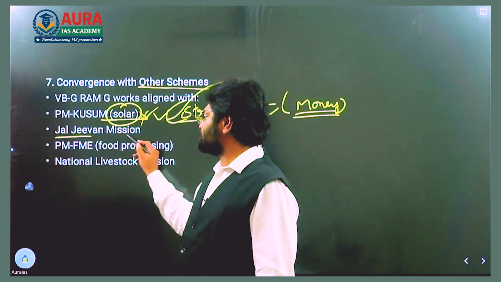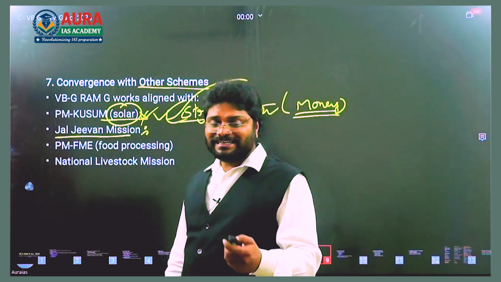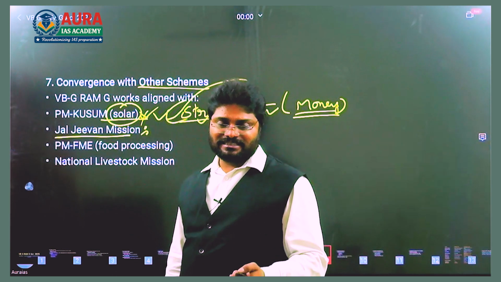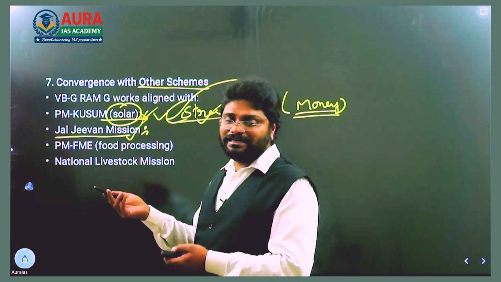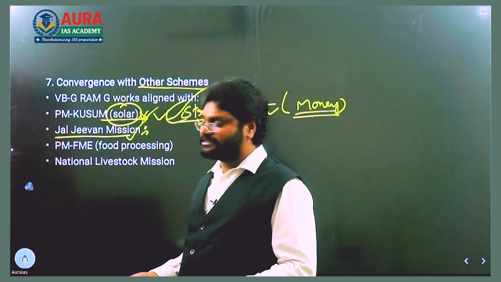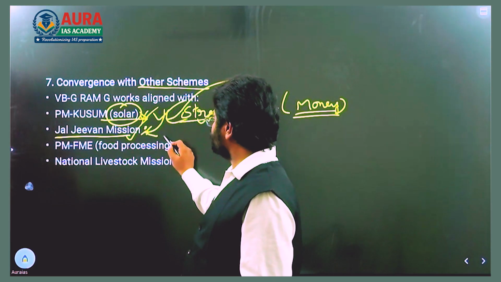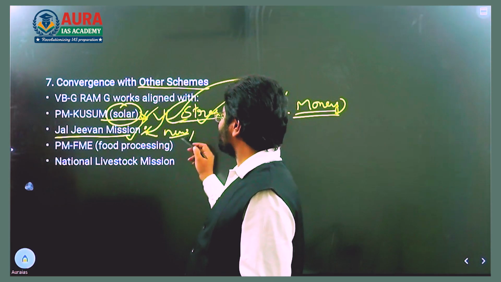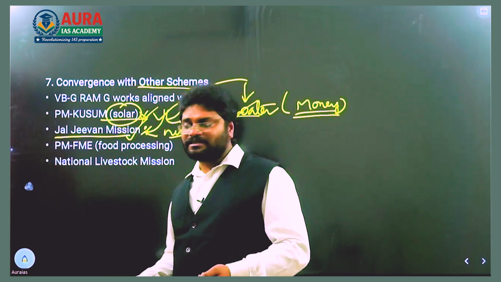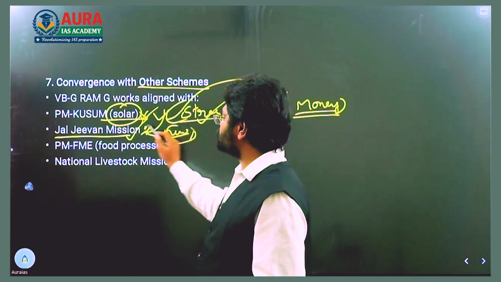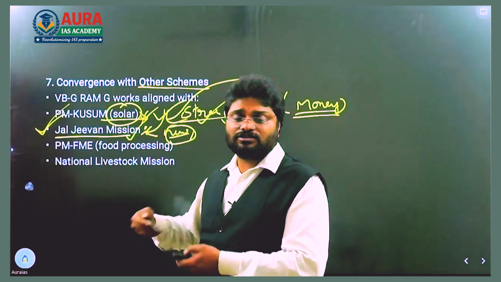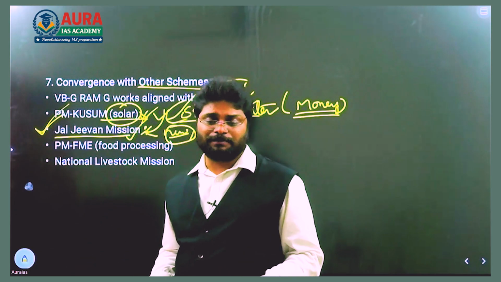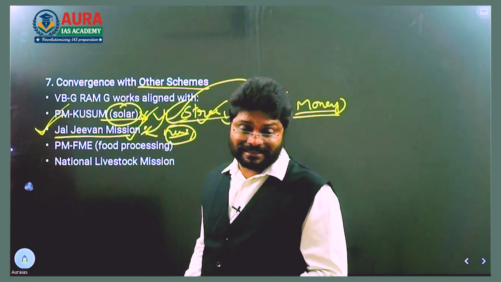Then Jal Jeevan Mission: increasing irrigation facilities, groundwater research. These are all the aims of Jal Jeevan Mission. By building critical infrastructure in villages, new water bodies are brought back to life or new ponds are dug, fisheries, etc. So here also water research and canal digging can be fulfilled so that irrigation facilities could be expanded in unirrigated areas.